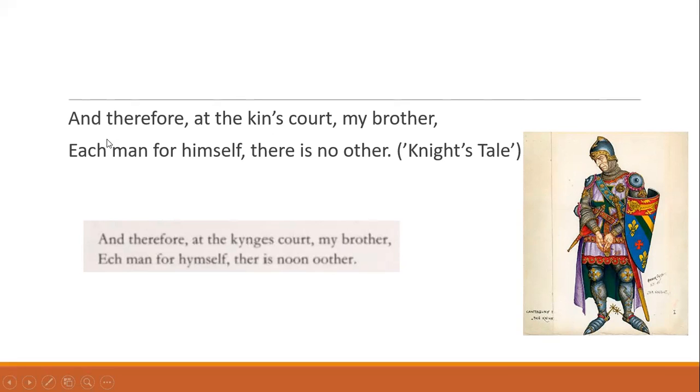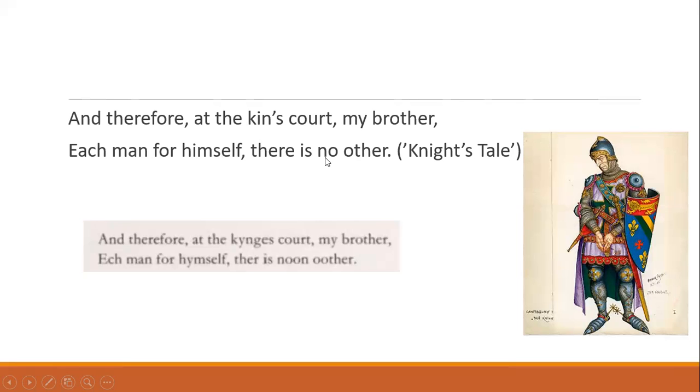If we look at these lines, "and therefore at the king's court," kin is the same as king. So at the king's court, like the place where the king lives. Each man for himself, there is no other.